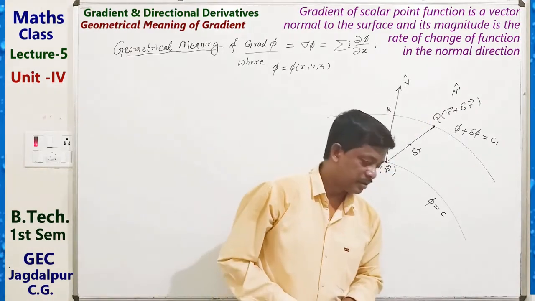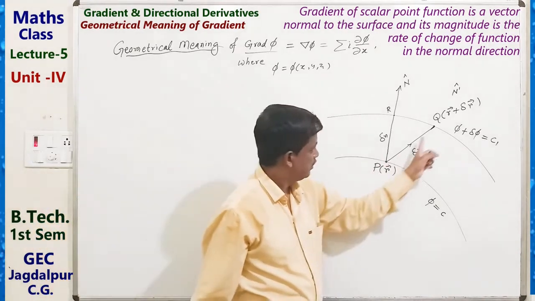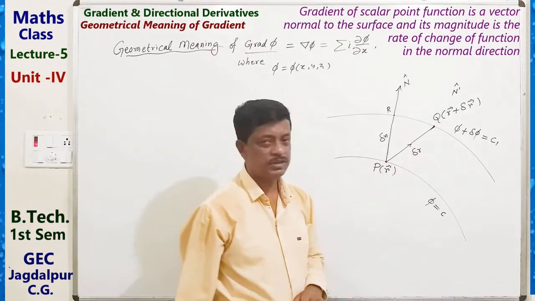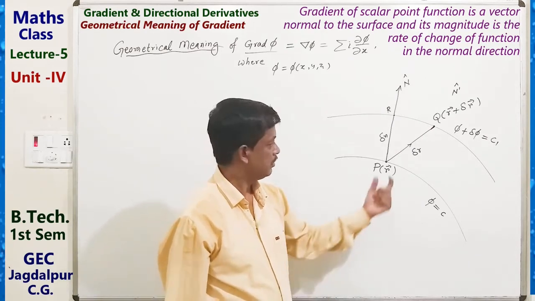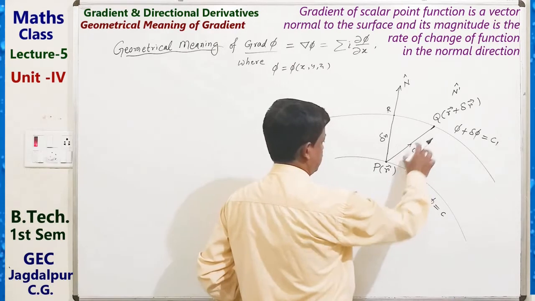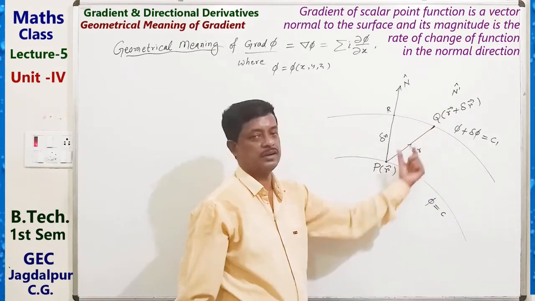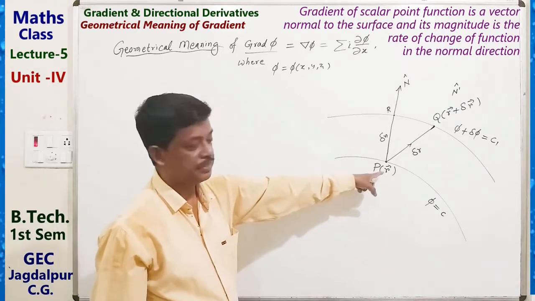Now, here PQ is what? Delta R vector. This vector. Position vector of R, position vector R plus delta R, this is delta R. Okay.